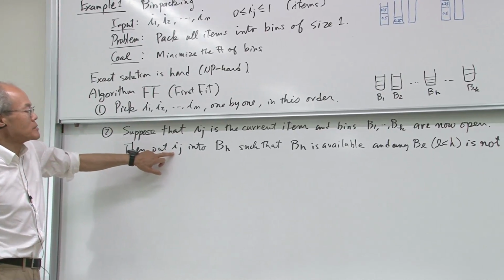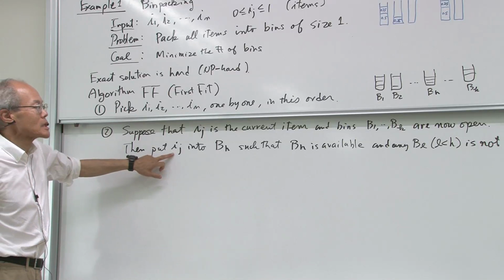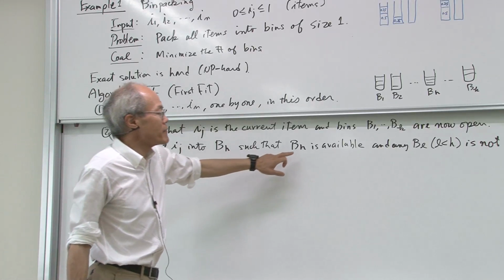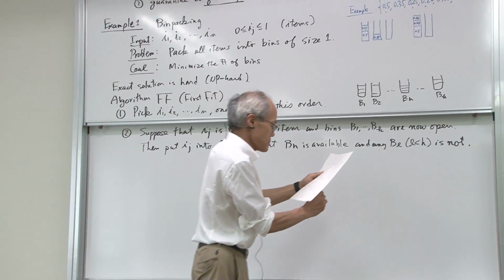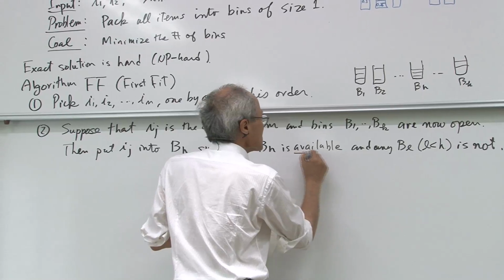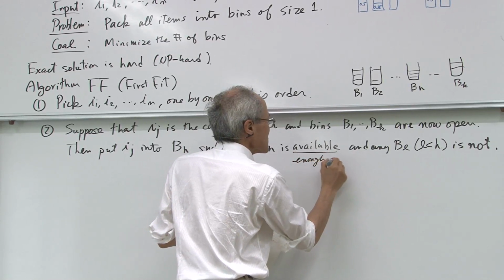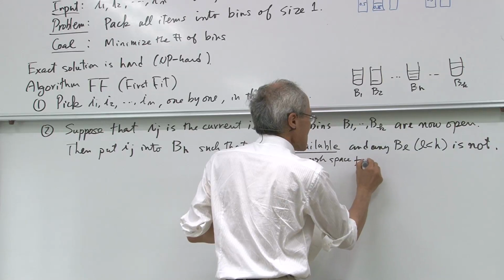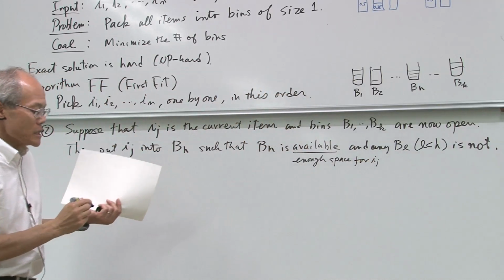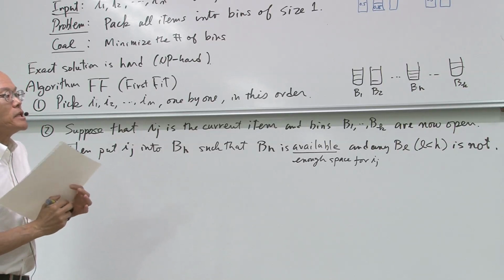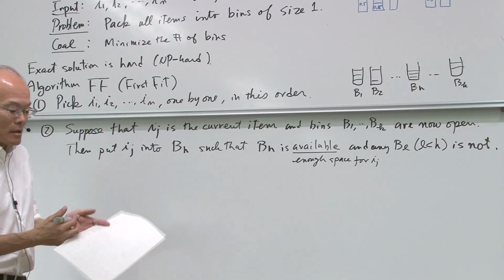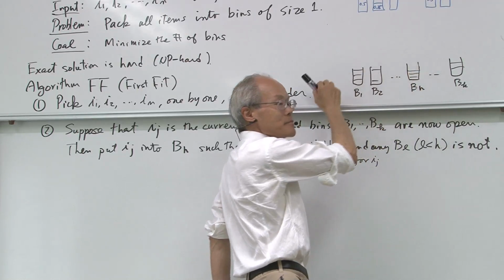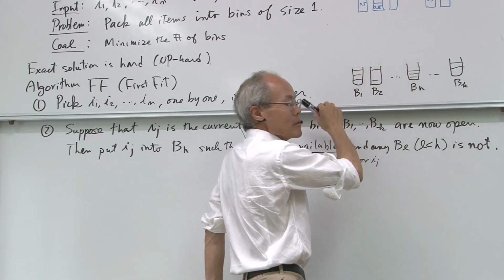Then the current item IJ is put into some bin BH, such that BH is available, meaning it has enough space for IJ, and any BL is not available, where L is less than H. So the previous bins are not available.